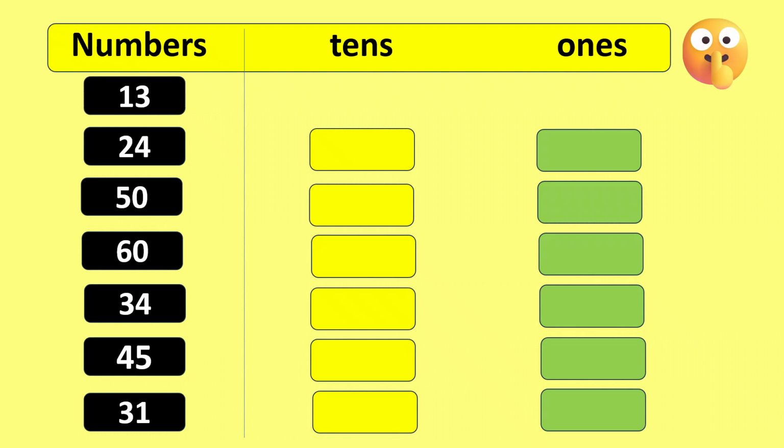Look here, it's 13. You just write T O at the head of the digits. Then the answer: the digit in the ones place is 3 and in the tens place is 1. Okay.